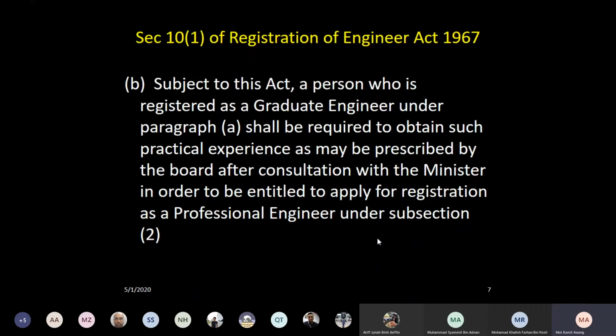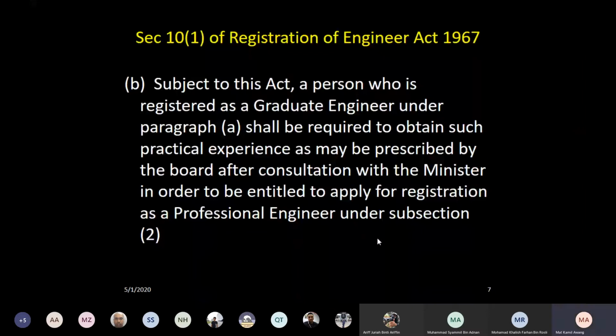So basically the Board of Engineers is given the power by the law to decide how many years. In this case, the Board of Engineers decided on 3 years minimum, right? The one that I mentioned earlier in the semester.